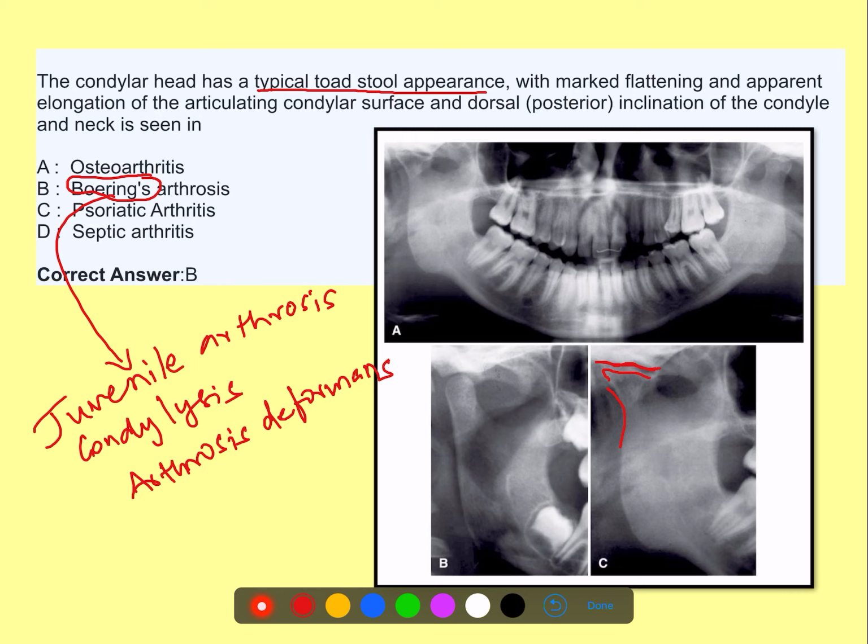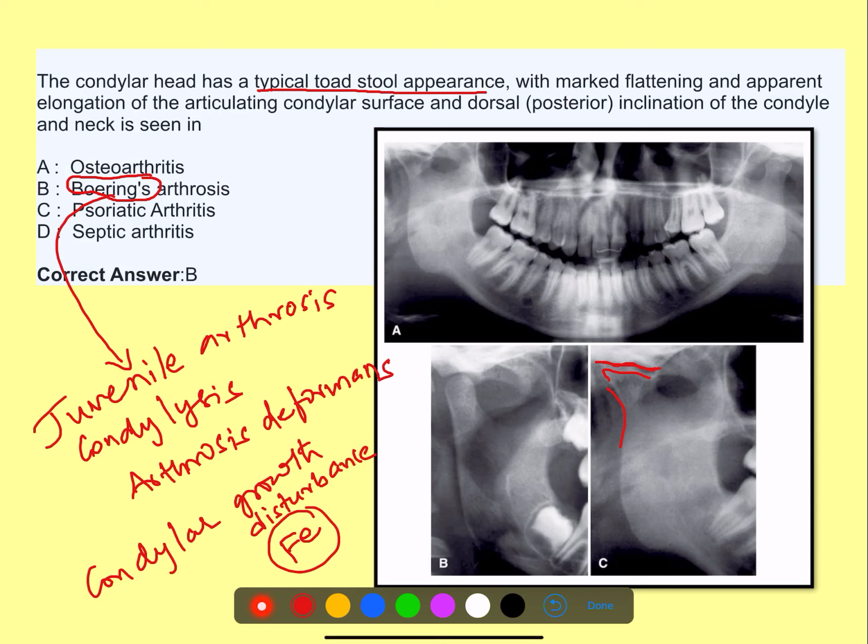Juvenile arthrosis is a condylar growth disturbance that mostly occurs in females, and one etiological factor may be hormonal imbalance.